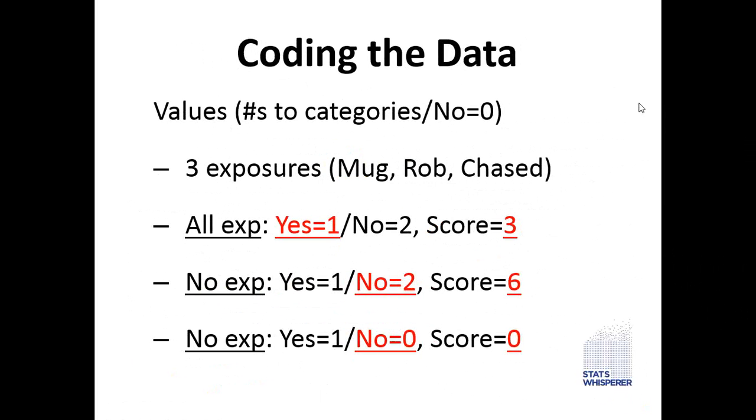So a no exposure has twice the score of a full exposure, which is kind of awkward. So you can see on the bottom line, where no equals 0, if you've had no exposure, no, no, no becomes 0 plus 0 plus 0, which is a score of 0. So full exposure would be 3, and no exposure would be 0, which makes a lot more sense.